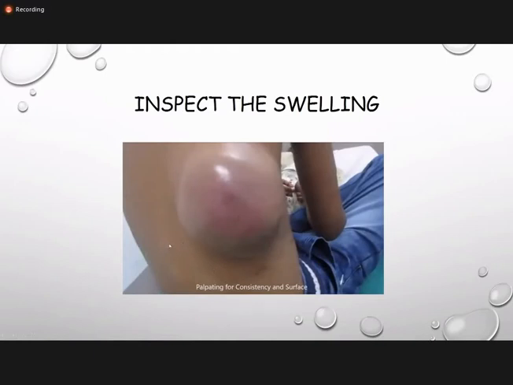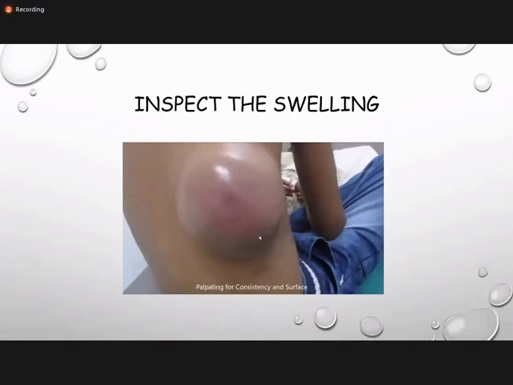It is on the back, starting from the mid vertebral column and extending to the lateral chest wall, and above it starts from the lower scapular region up to the iliac crest. Okay, like this you have to explain the site.